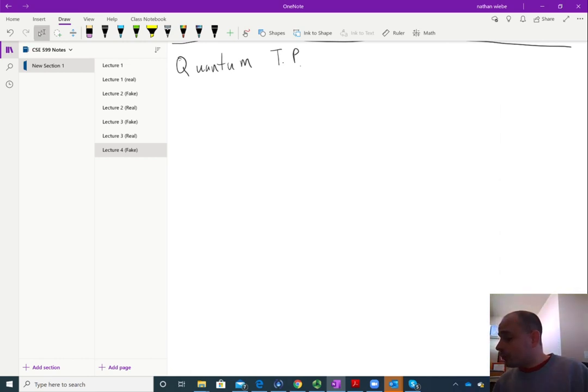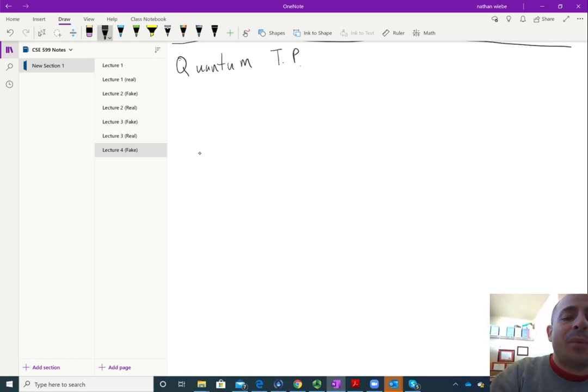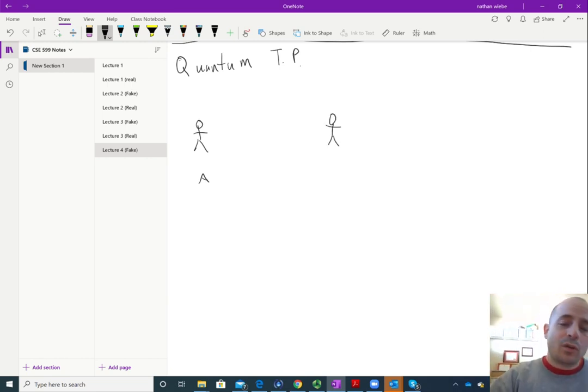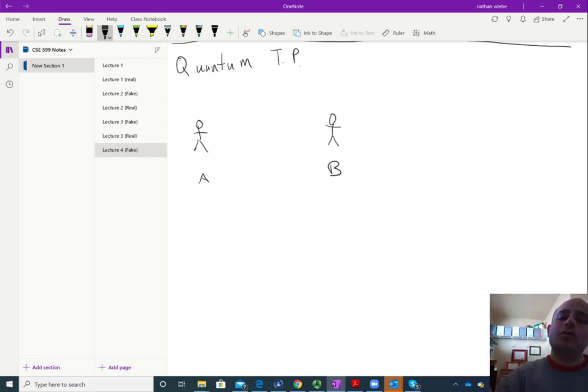Quantum teleportation is basically a protocol that works like this. Imagine we've got two people, customarily named Alice and Bob. Let's say Alice and Bob know that sometime in the future, Alice is going to want to send a quantum state over to Bob.